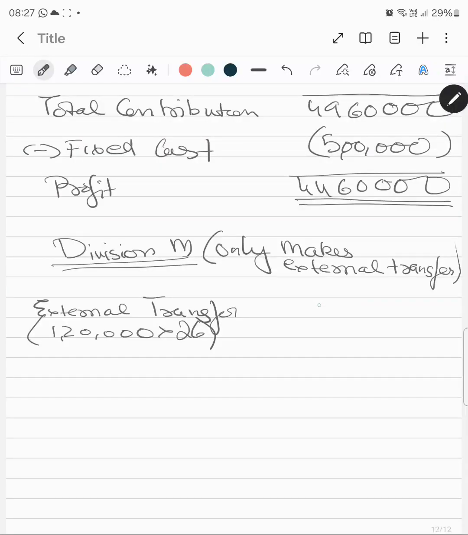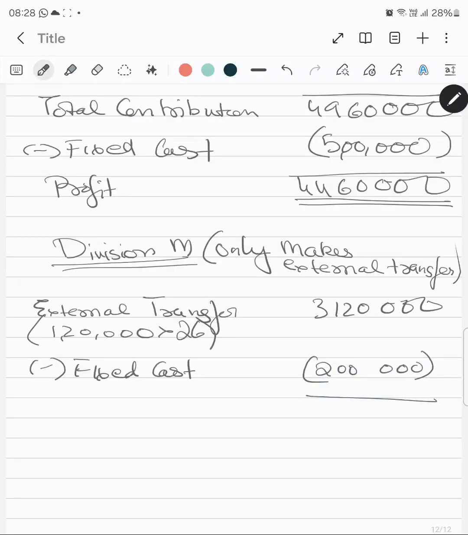It's 3,120,000. Now we have fixed cost of 2 lakh. We will get profit, and it's 2,920,000.